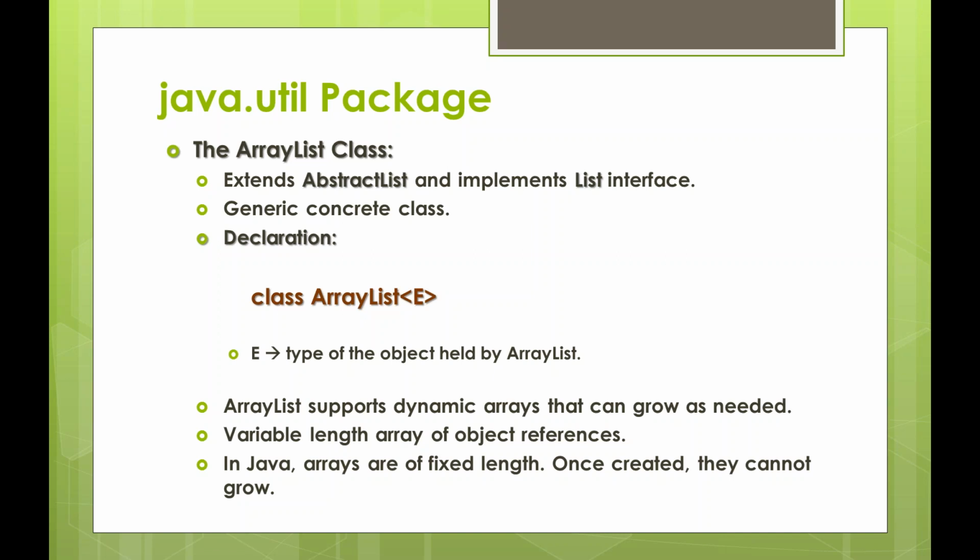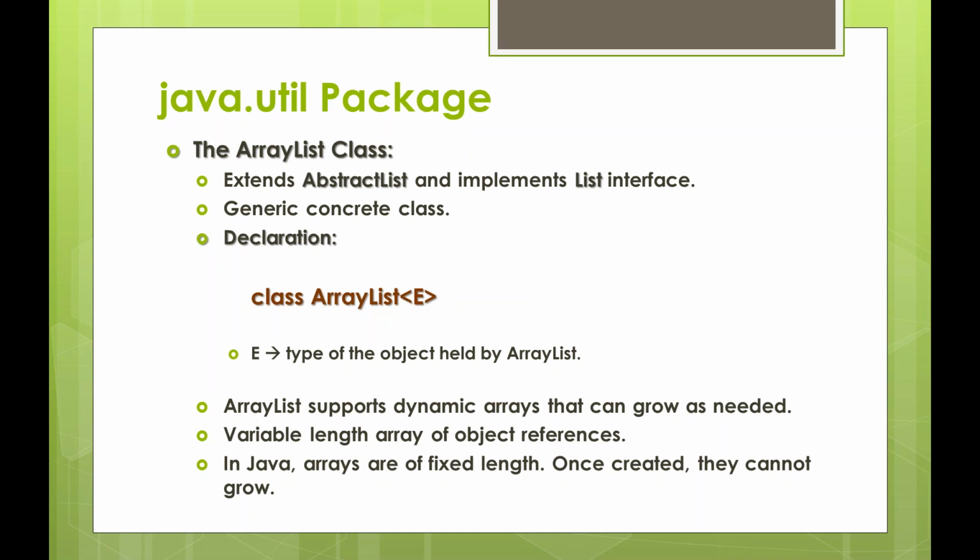So where do you basically use this ArrayList? You have arrays also in Java, right? They are all of fixed length. When you create an array object of any type, you specify the number of elements you are going to store in that array. Once that is fixed, you will not be able to add more elements, or it will not grow as such. But an ArrayList is not like that.